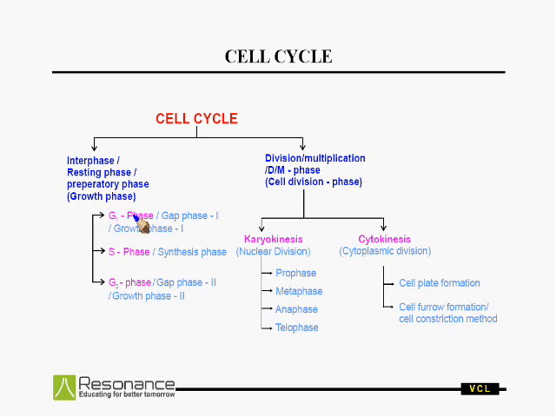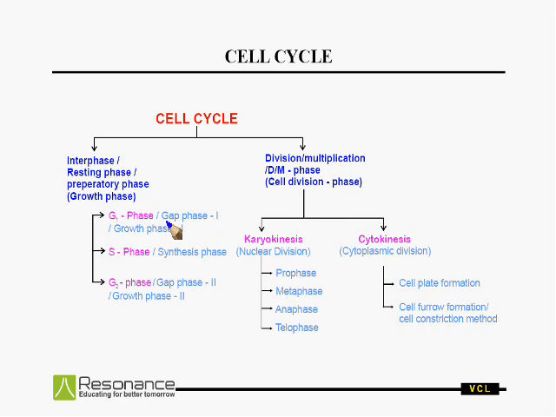This is the largest, non-dividing phase of the cell cycle, which can be further divided into sub-phases: the G1 phase, gap phase or growth phase 1; the second substage is the S phase, synthesis phase; and the third is the G2 phase, gap phase 2.